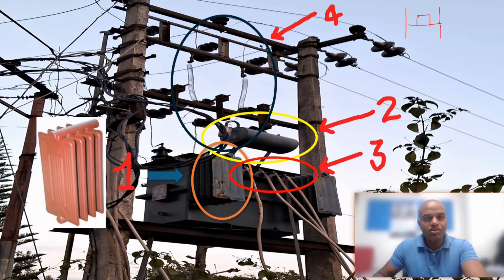This is used in the transformer just to cool down the oil which is placed inside the transformer. The transformer has oil filled inside it, and the windings are submerged in the transformer oil. The radiator provides extended surface area for this oil to dissipate its heat into the surroundings.